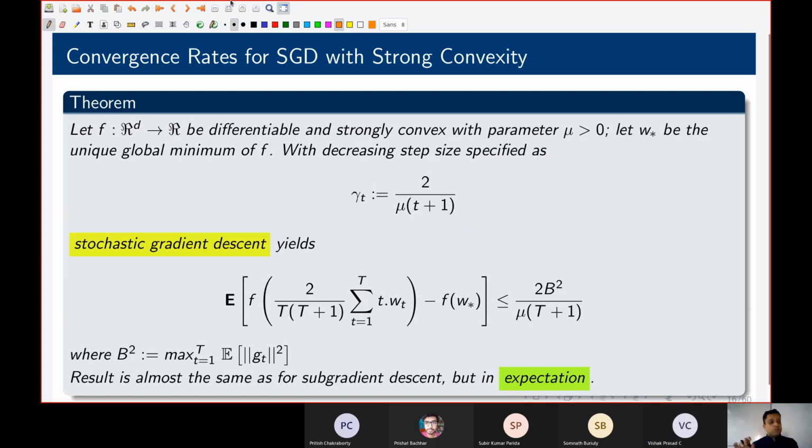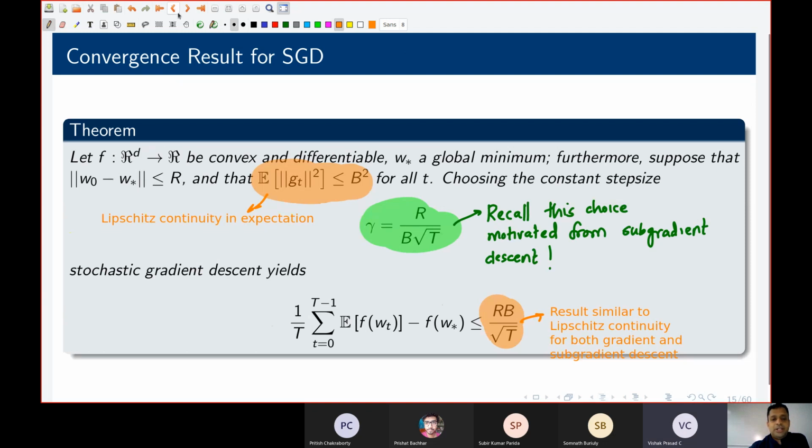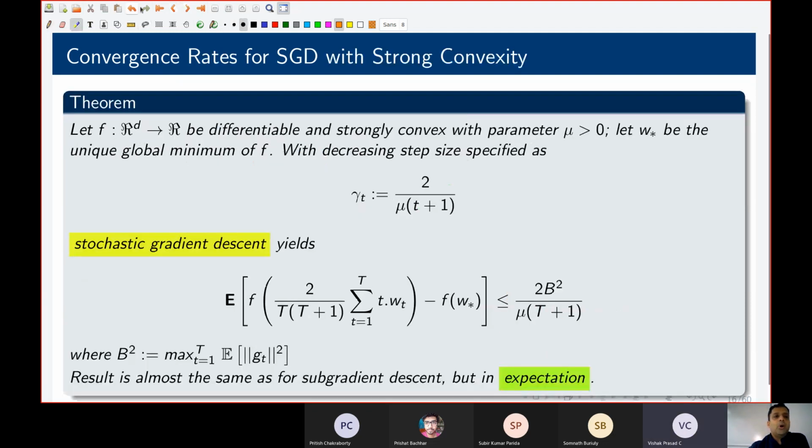Now you can also talk about strong convexity. Again, a lot of this analysis we will not be doing. So if you have a slightly different step size, the previous one was of order 1 upon square root t, but now it is 2 upon mu into t plus 1, where mu is the strong convexity parameter.